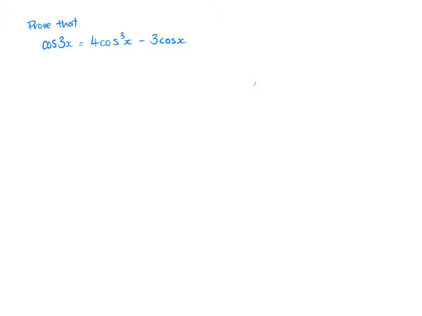So we always look at the left hand side. So we've got cos of 3x. This is kind of combining everything we've done so far into one proof question. So we know that cos 3x, we can write that as cos of 2x plus x.